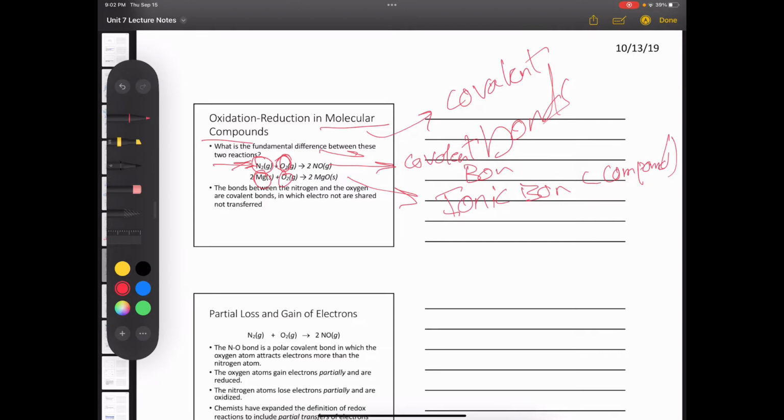Okay? So the bond between the nitrogen and oxygen are covalent bonds, with electrons shared and not transferred.